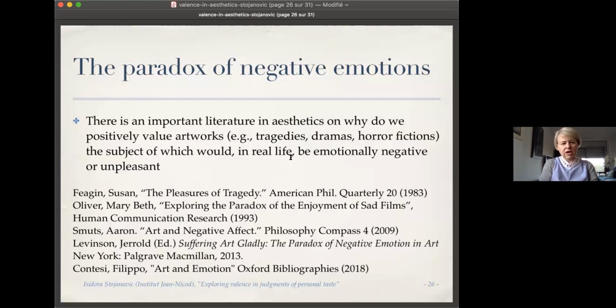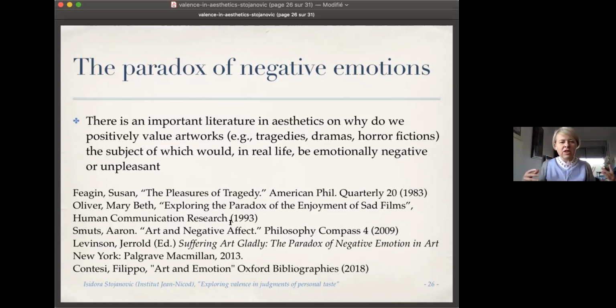So here are just a few references. The last one, by Filippo Contesi, is actually a bibliography where he nicely gives an overview of some of the important contributions to this paradox of negative emotions.